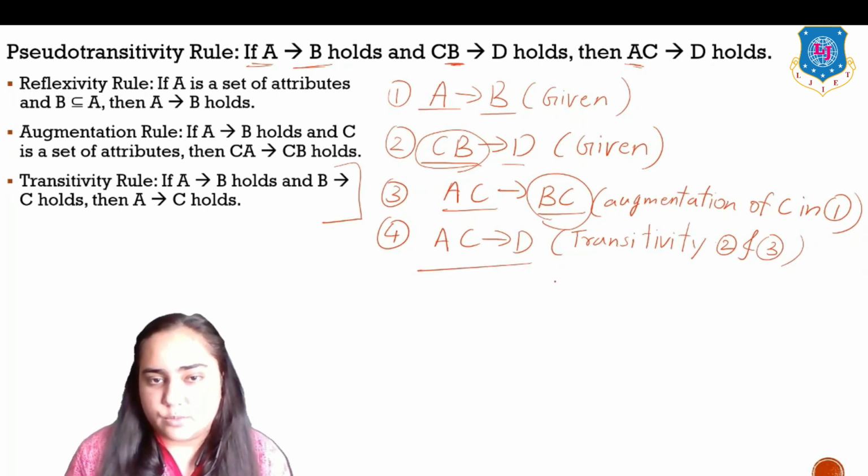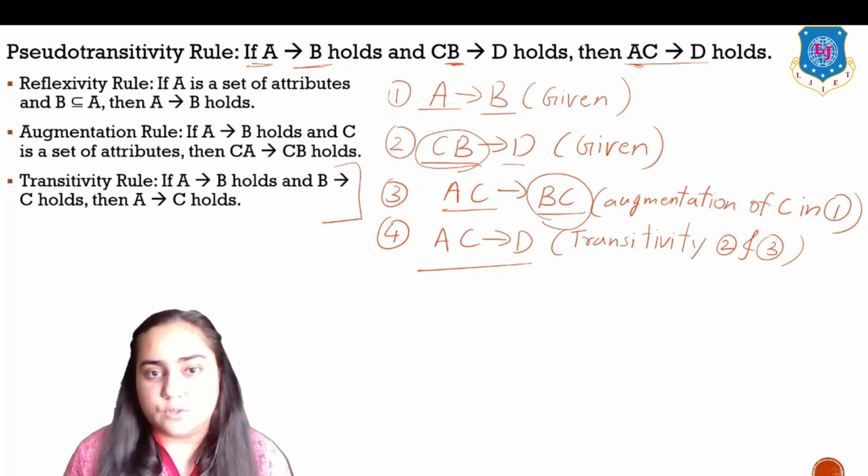And that's it. That's your proof right there of AC determines D. That is how pseudo-transitivity can be proven.